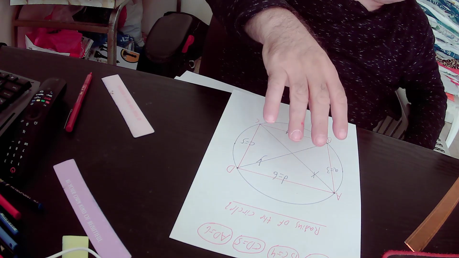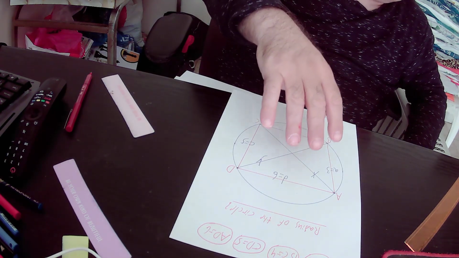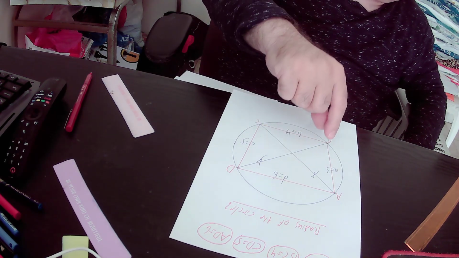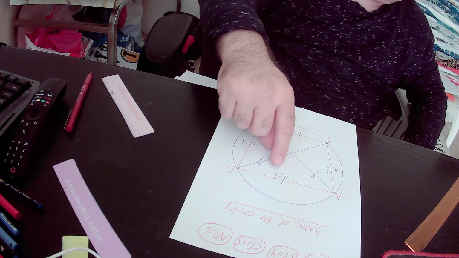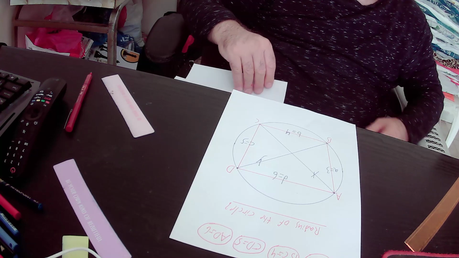Therefore, the area of quadrilateral ABCD will be equal to the area of triangle ABC plus the area of triangle ADC. Okay, so I write it down.